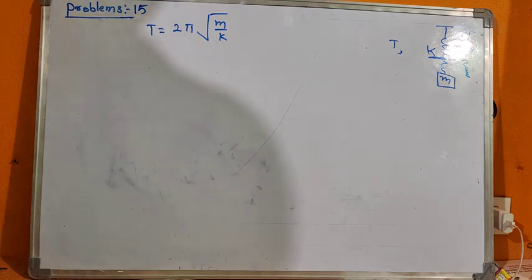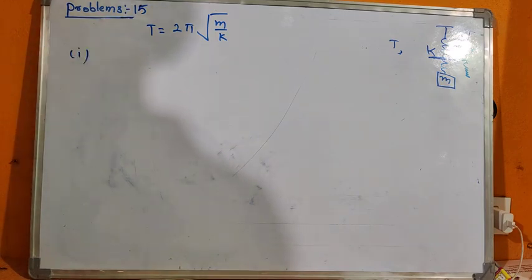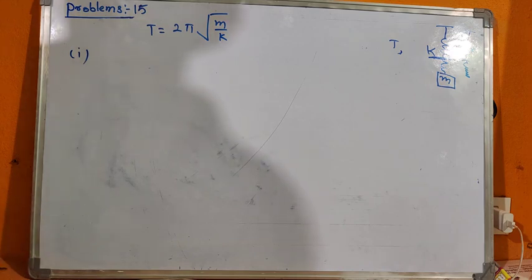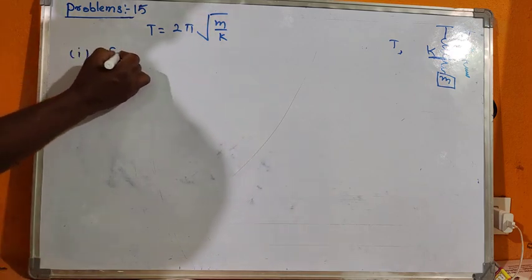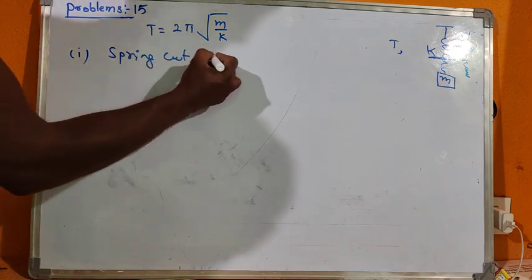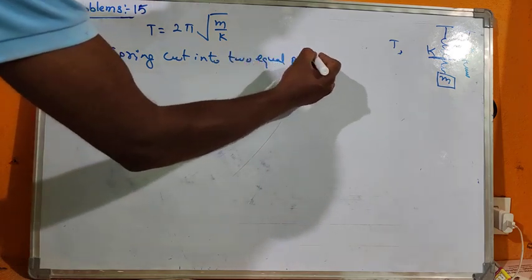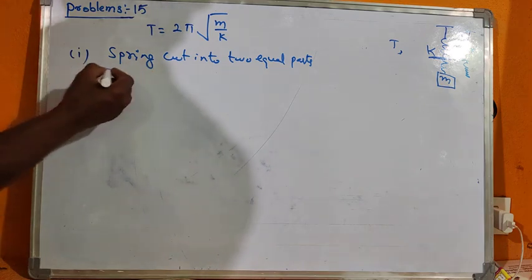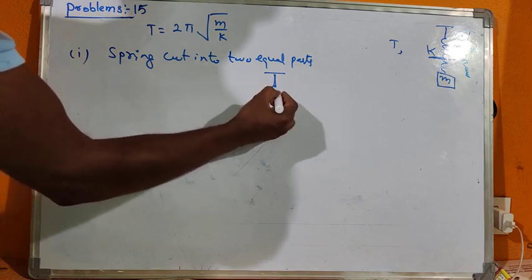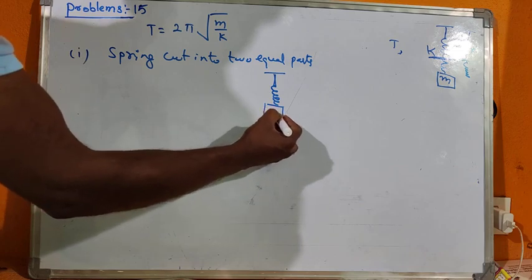So first we take the first question: the spring is cut into two equal parts. Then we take one part only like this. This is one part, and for that one part we hang the mass.